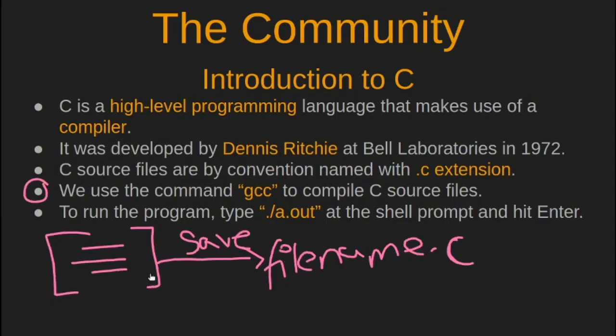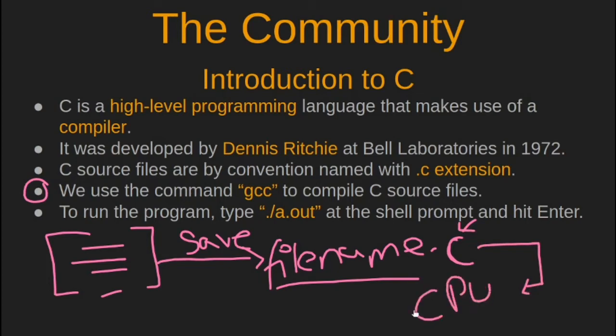Once we are done writing our source code and saving it with a .c extension, the next thing we need to do is compile this program so that the CPU can understand it, and for which we use something called a compiler. In order to compile the source code, we make use of the GCC command followed by the name of your program.